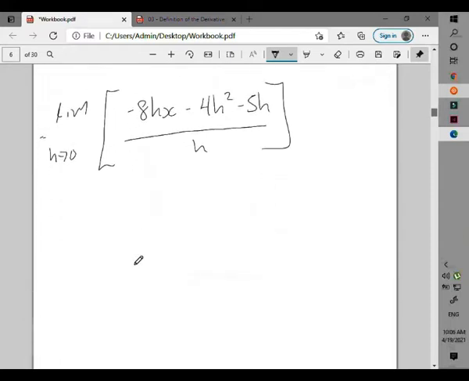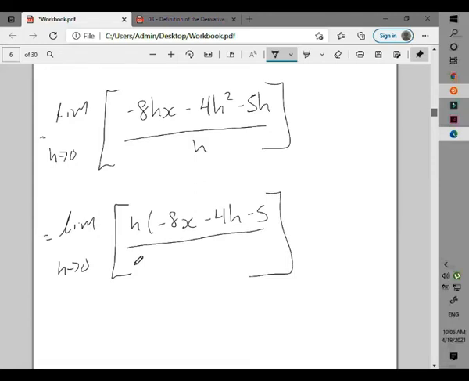Okay, so this is equal to the limit as h approaches 0. We factor out h of minus 8x minus 4h minus 5, all being divided by h.